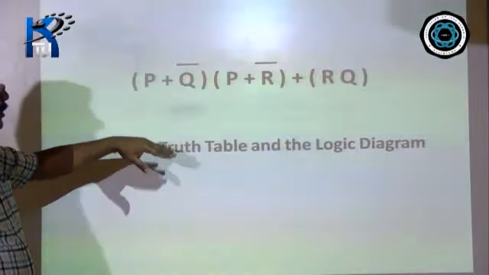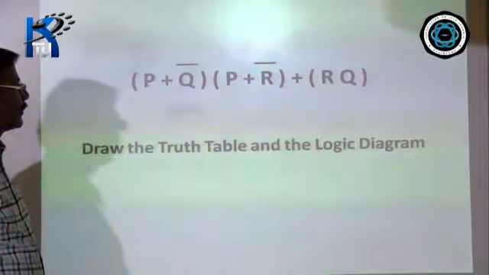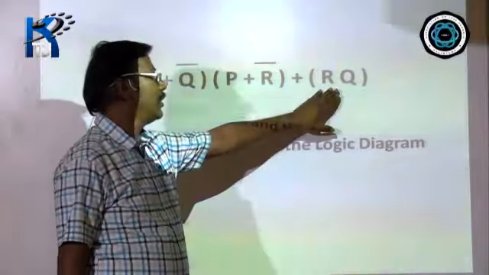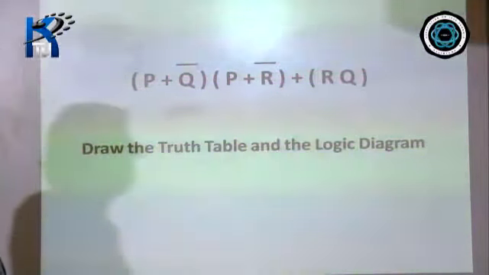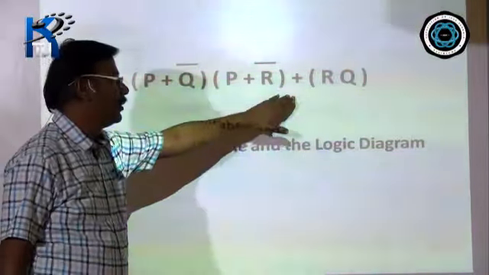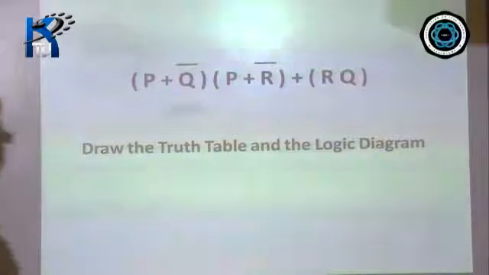Then whatever is within the brackets. Then comes the dot operator, the AND operation. And then will come the plus or the OR operation.